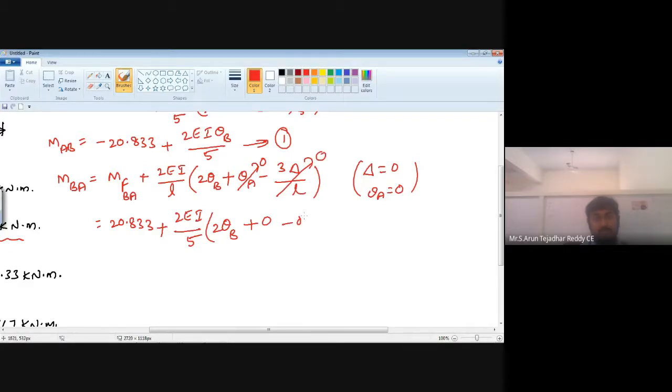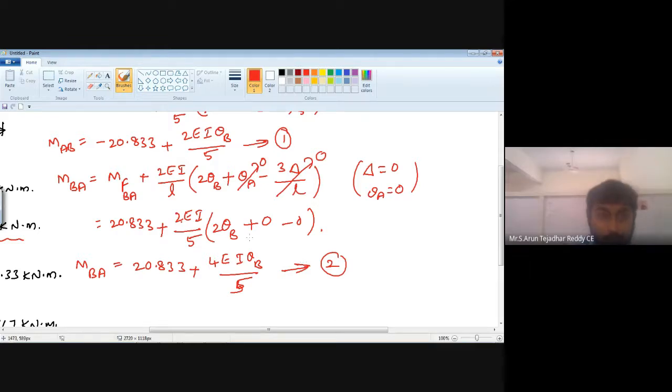Next, MBA is equal to 20.833 plus 2 into 2, that is 4EI theta B by 5. This is equation number 2.